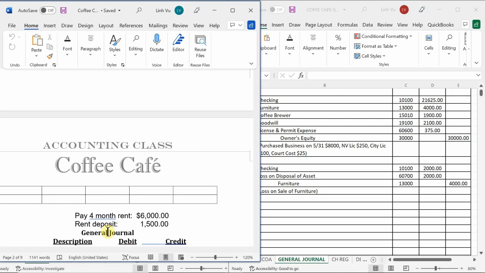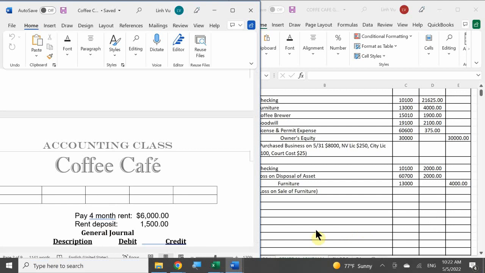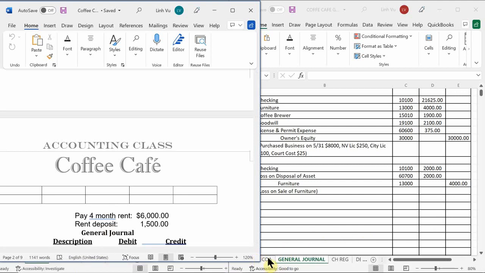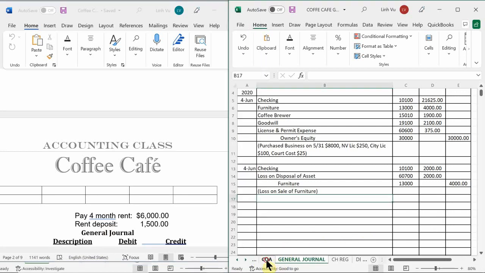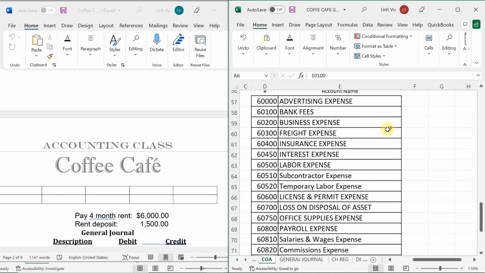So in this case, I'm buying some rent. What is that going to be considered? If I'm going to pay for rent for this month, what kind of account am I looking at?